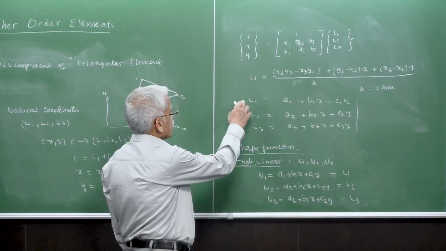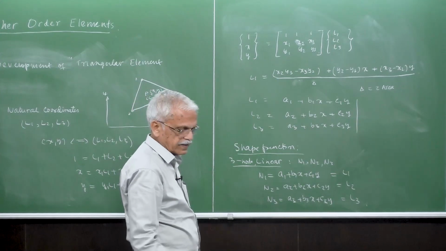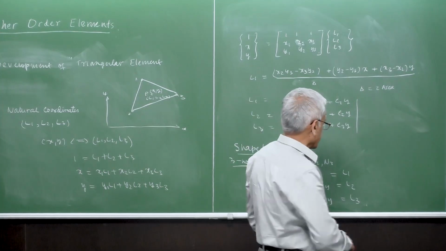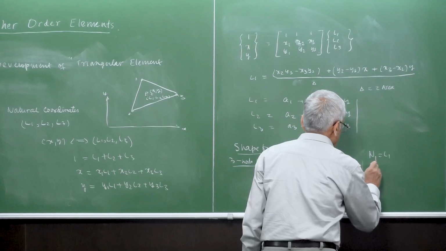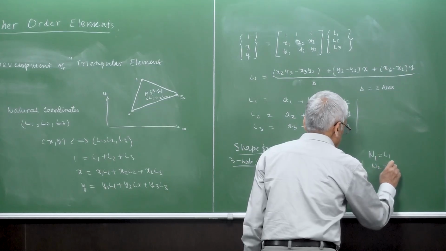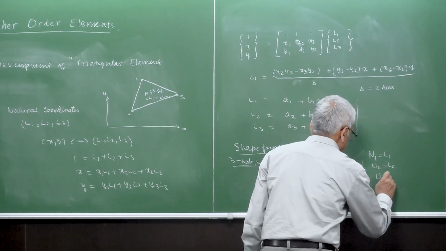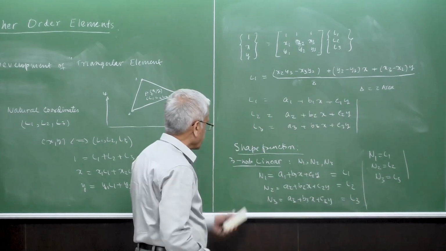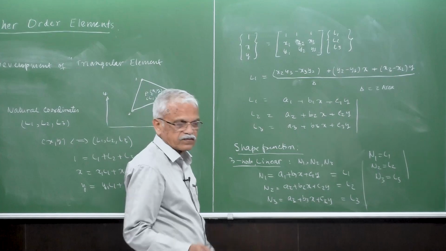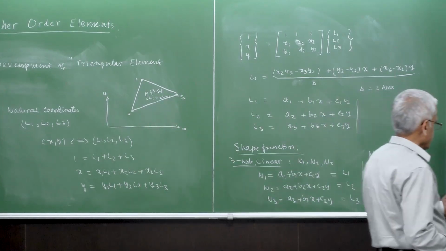So once you know the natural coordinates L1, L2, L3, the shape functions are nothing but N1 is L1, N2 is L2, and N3 is L3. So these are the shape functions for the three nodes. Very simple, right? Very simple shape functions.